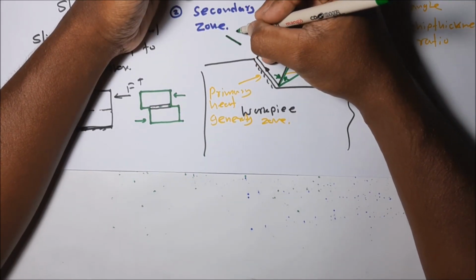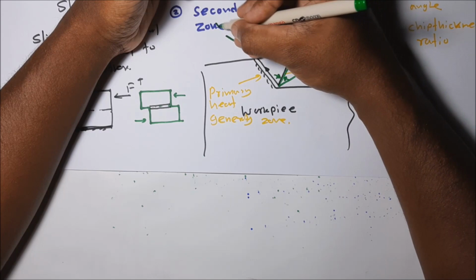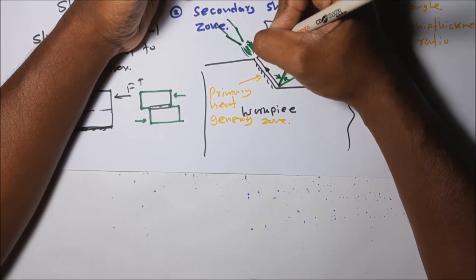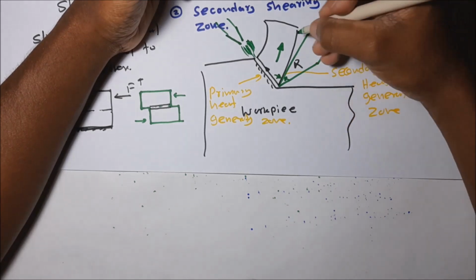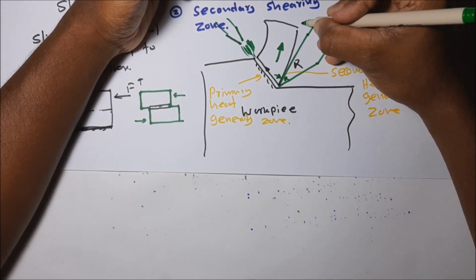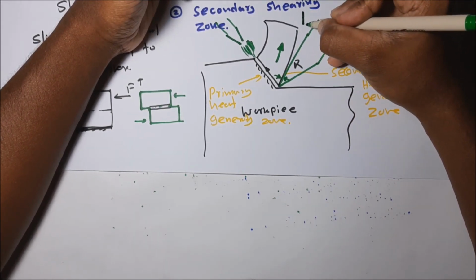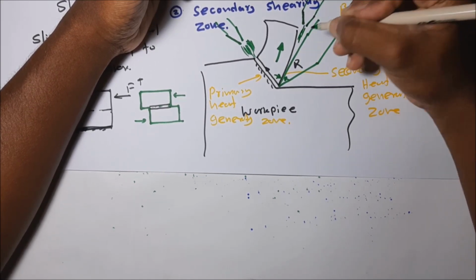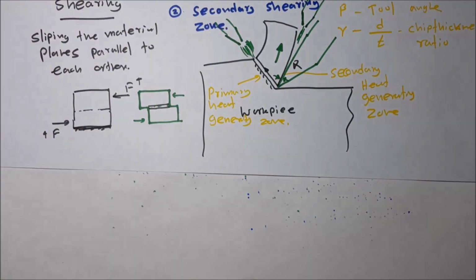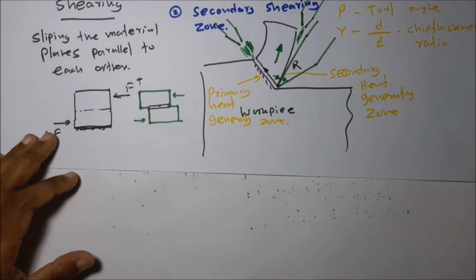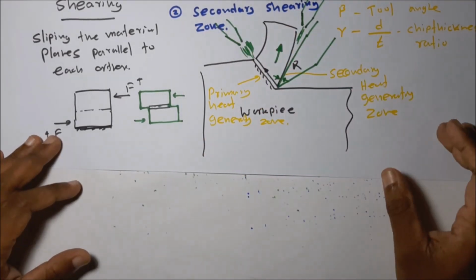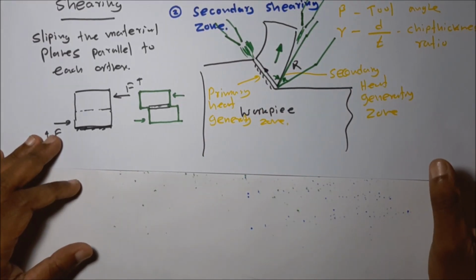Normally two types of coolants are used, the oil-based coolant and the water-based coolant. Normally two nozzles are used, targeting the primary heat generating zone and the secondary heat generating zone. Carbon tetrachloride is a chemical included in these cutting fluids.